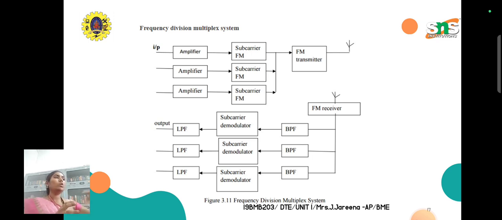Similarly, you are combining all three signals as a single signal at different time slots. This is transmitted by means of a transmitter, by changing the carrier signal, and then at the receiver end you have a receiver demodulator. You demodulate the signal, and again you have different time slots.